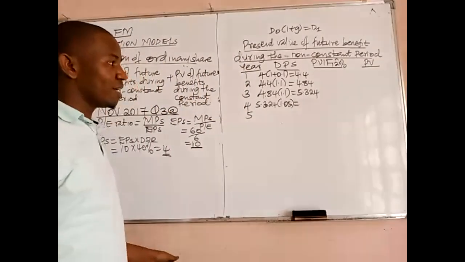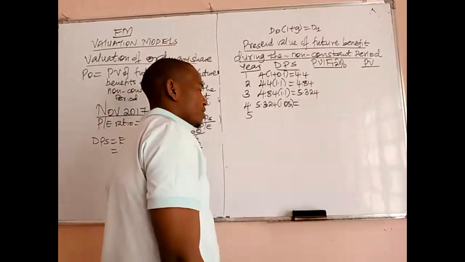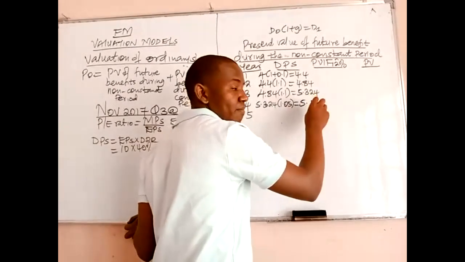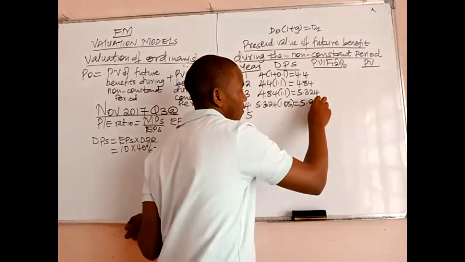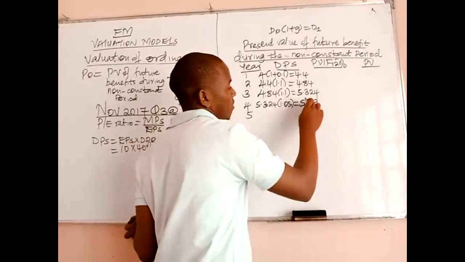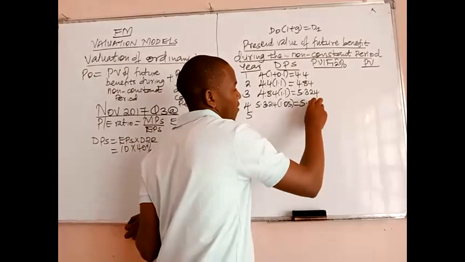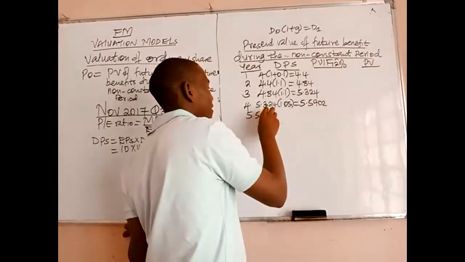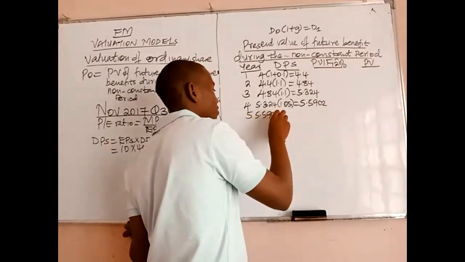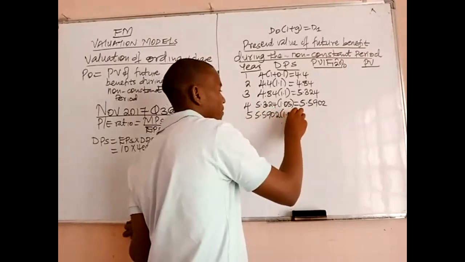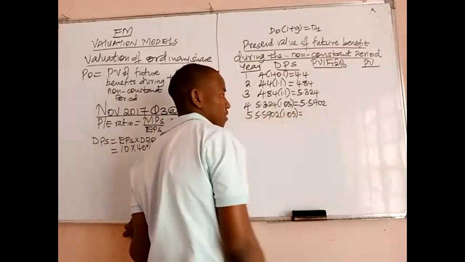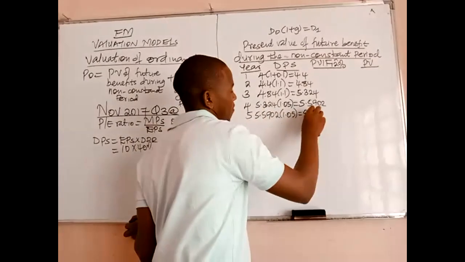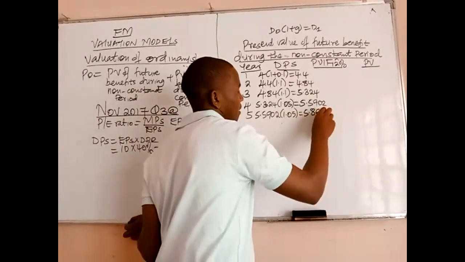It is growing at 5%, so it will be 1.05. That gives 5.59, or 5.5902. Multiplied by 1.05 will give you 5.869.